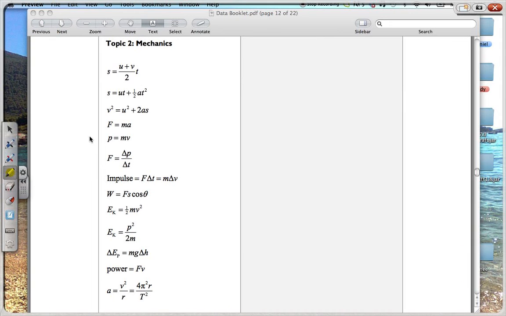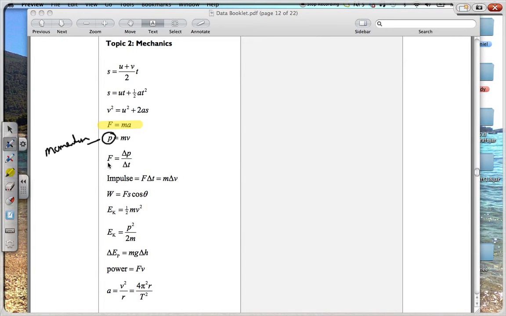This formula over here, F is equal to ma, is basically Newton's second law, that your force is proportional to the acceleration. This is a resultant force where mass is the constant. p here is your momentum, defined as your mass times your velocity.